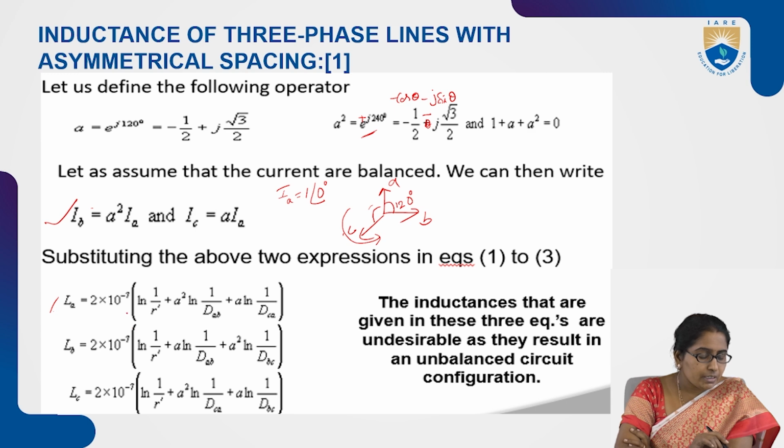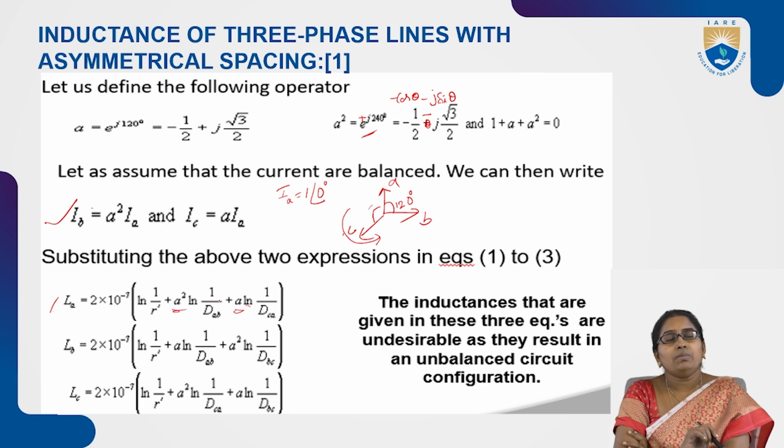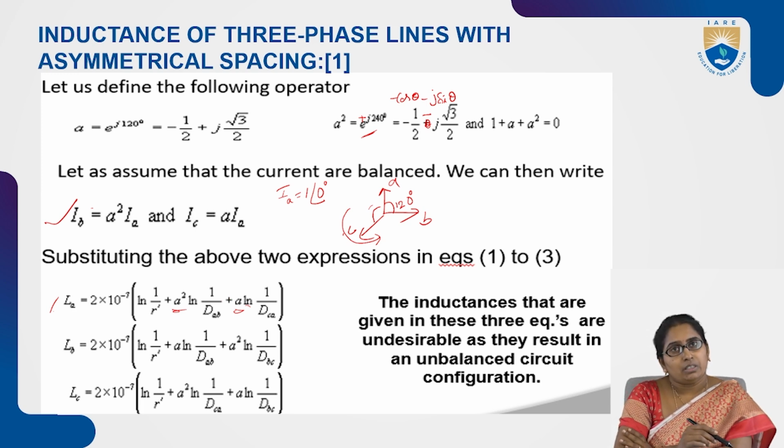Current IA gets cancelled, and the expression for LA is given in terms of alpha and alpha square: 2 into 10 power minus 7 log of 1 by r dash plus alpha square log of 1 by DAB, and so on. In place of IB and IC, we have written them in terms of IA, so IA gets cancelled. This is the expression for LA, the inductance of conductor A.